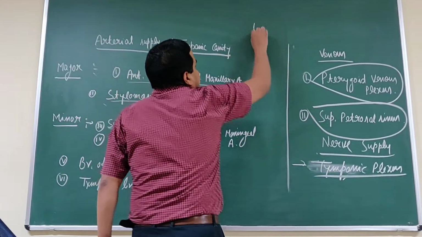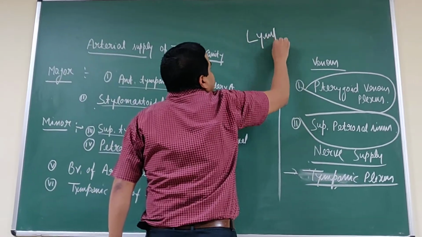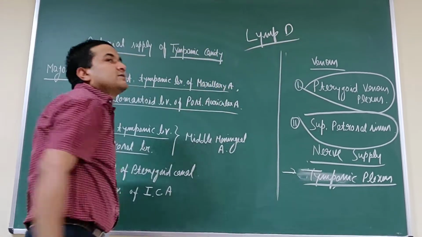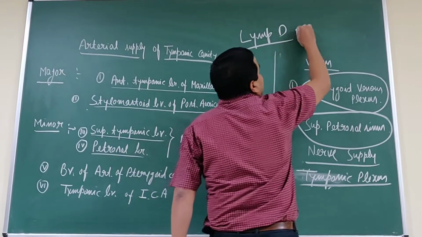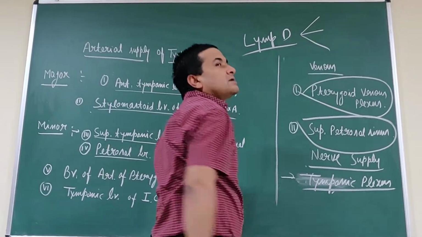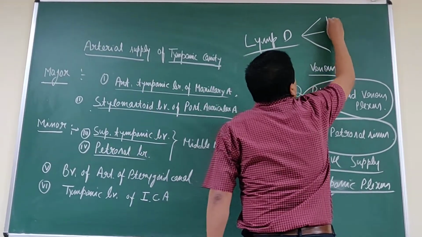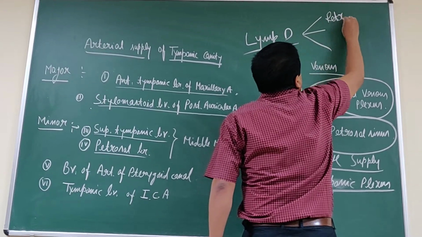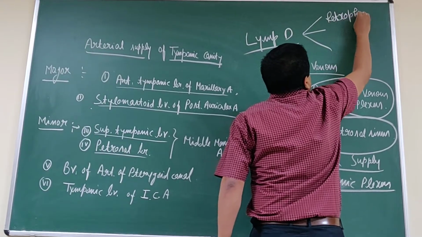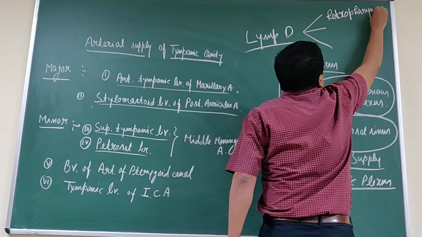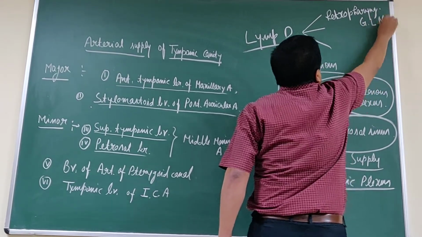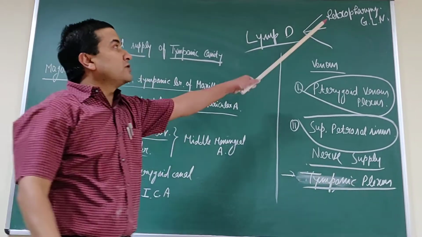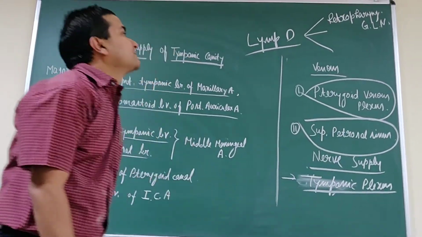Now the lymphatic drainage from the middle ear cavity. This lymphatic drainage drains into the retropharyngeal group of lymph nodes. These lymph nodes are situated behind the pharynx.